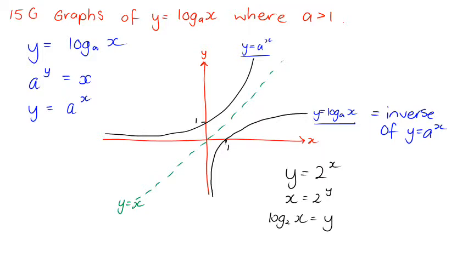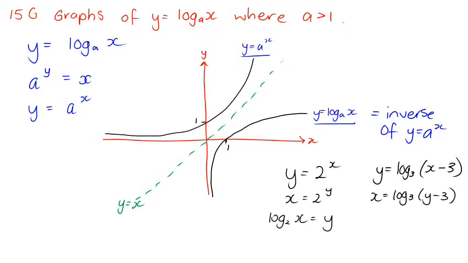Similarly, if you're given something like y equals log base 3 of x minus 3, and asked to find the inverse, you swap the x and the y. Then you rearrange it to get it in terms of y equals.